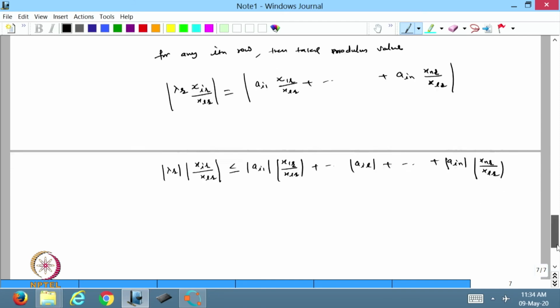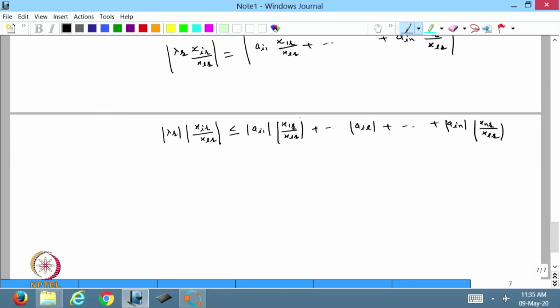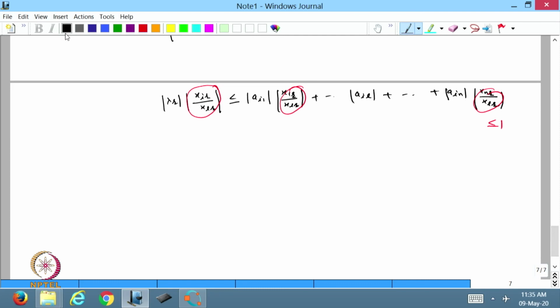Now, I know that all these components are less than or equal to 1, because we have chosen this x_L^r as the maximum element. So, all these values will be less than 1. So, from here I can write that my lambda r, so this is true for all I.